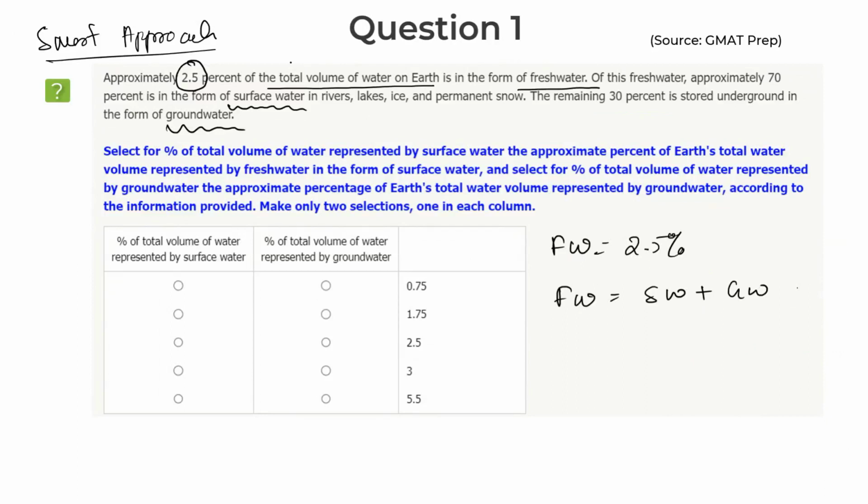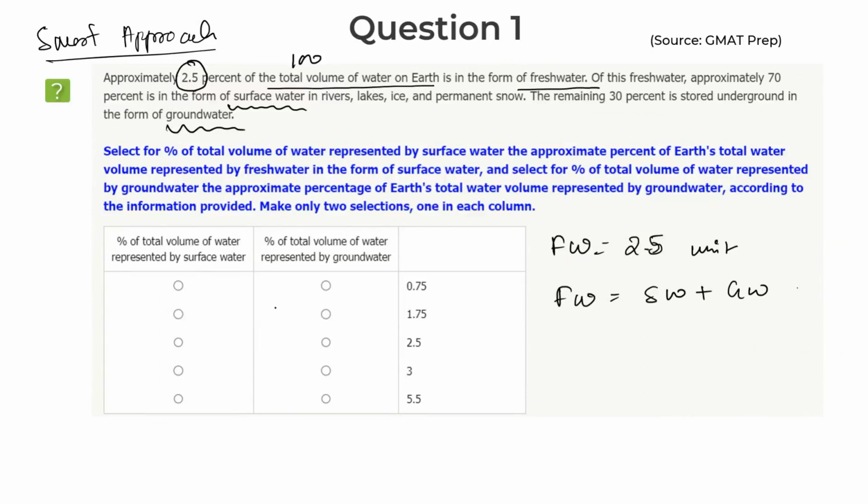And if the total volume I am already considering to be 100, then these percentages are also out of 100, which means this fresh water is nothing but 2.5 units only. So the world has 2.5 units of fresh water, right?